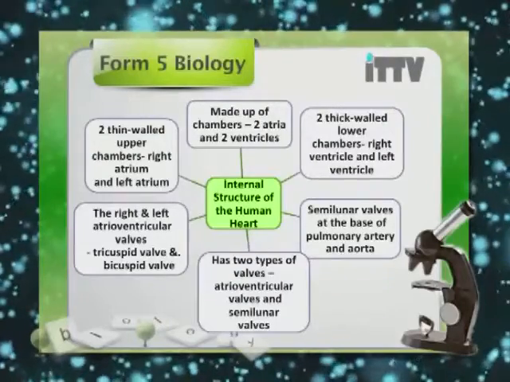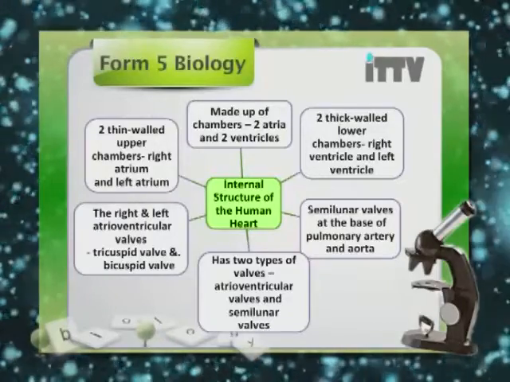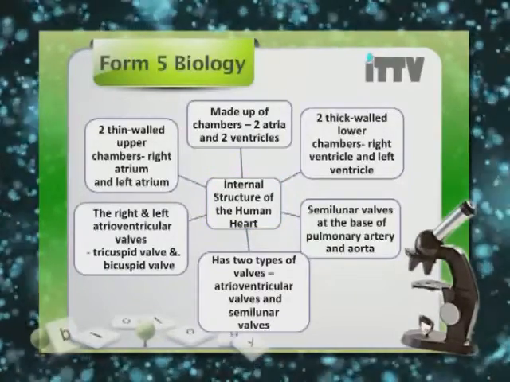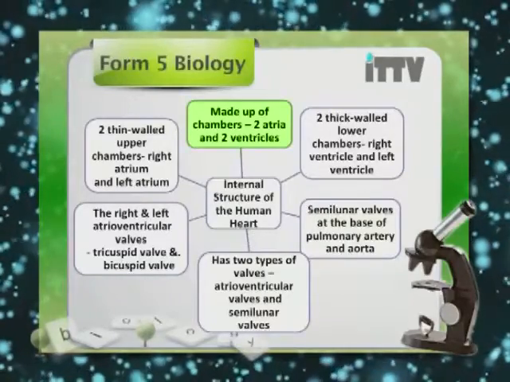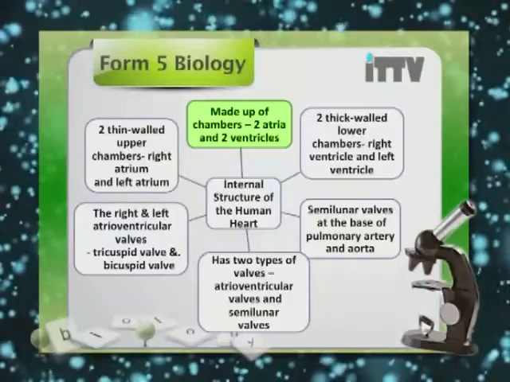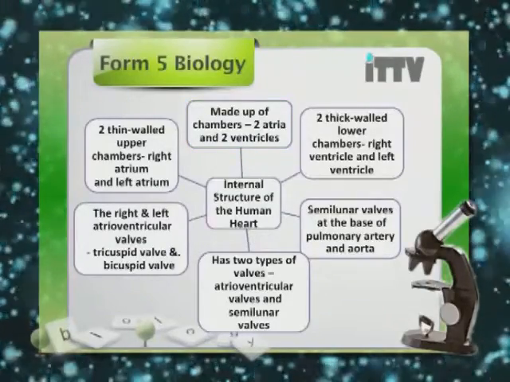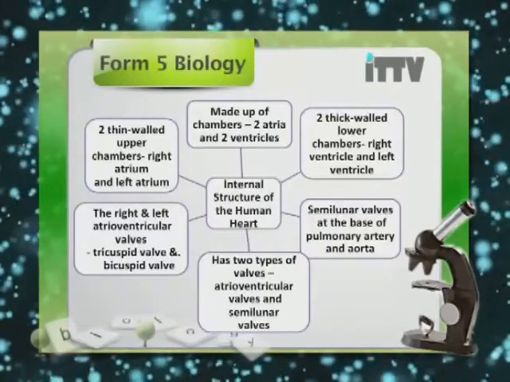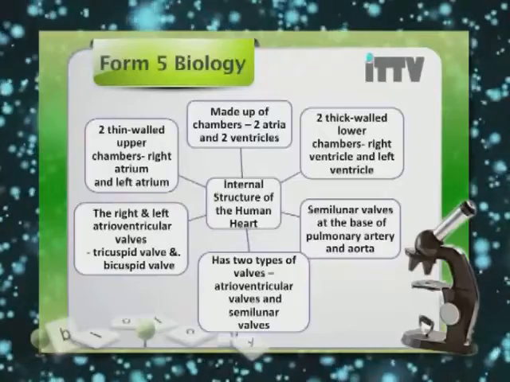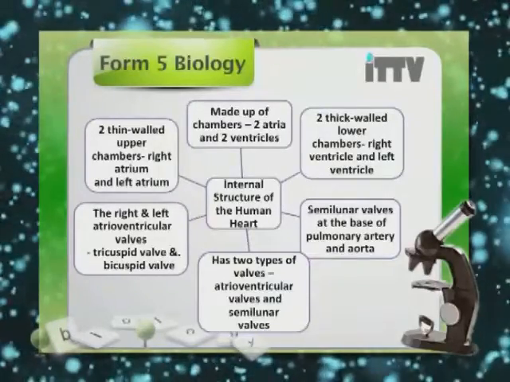Now let us take a deeper look at the internal structure of the human heart. As a reflection, let me go through it again with the compartments. The human heart has 2 atria and 2 ventricles. It receives deoxygenated blood from the anterior vena cava and the posterior vena cava into the right atrium and right ventricle.